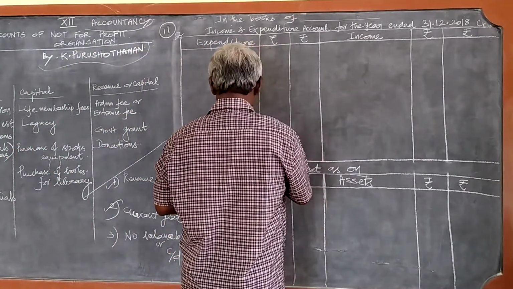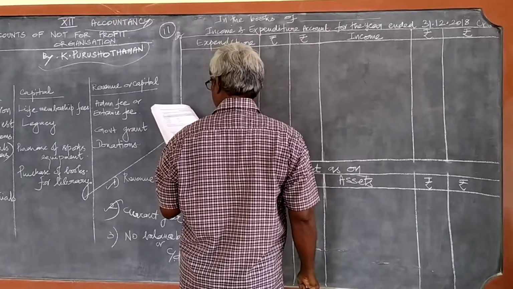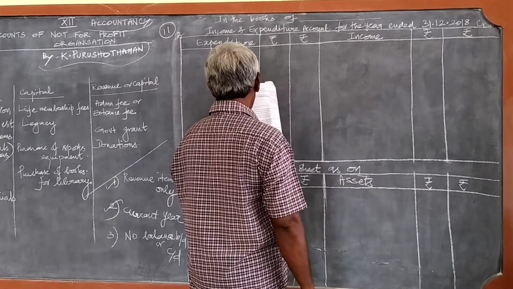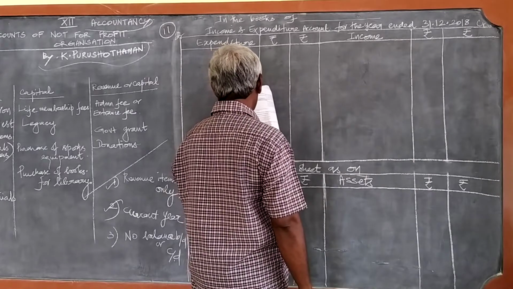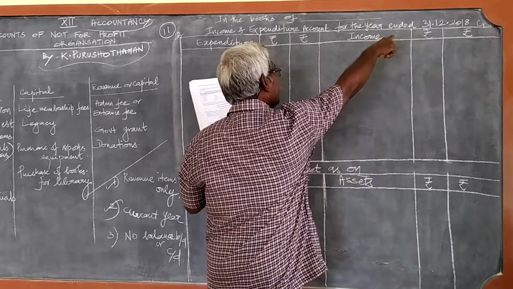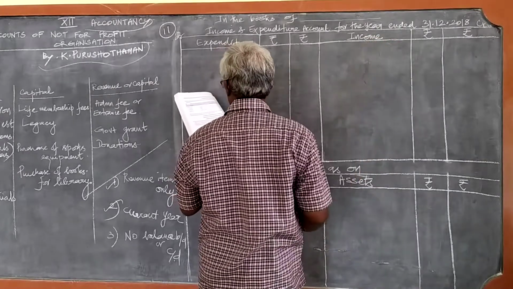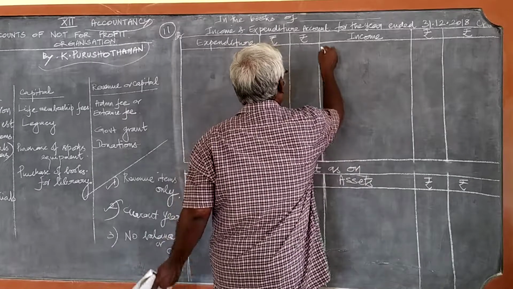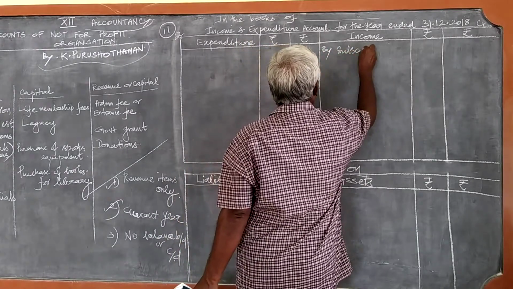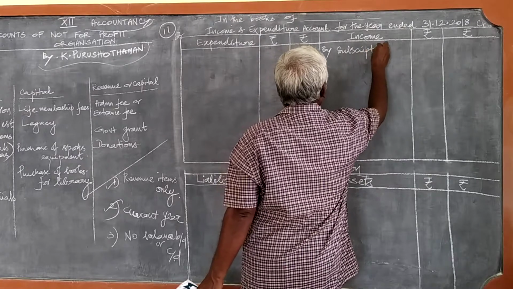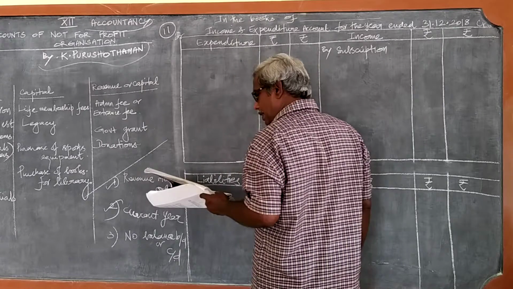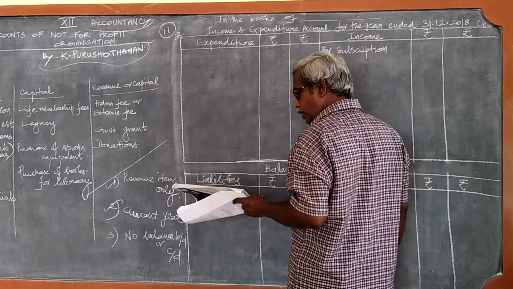What is given there in the problem? Listen. Under the tabular column, subscription received during the year 2018, that is during this year ended 2018, 45,000 by subscription. The amount received is 45,000.